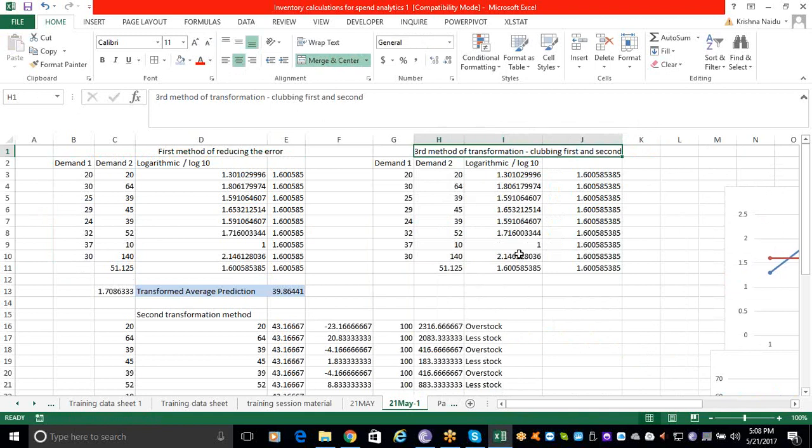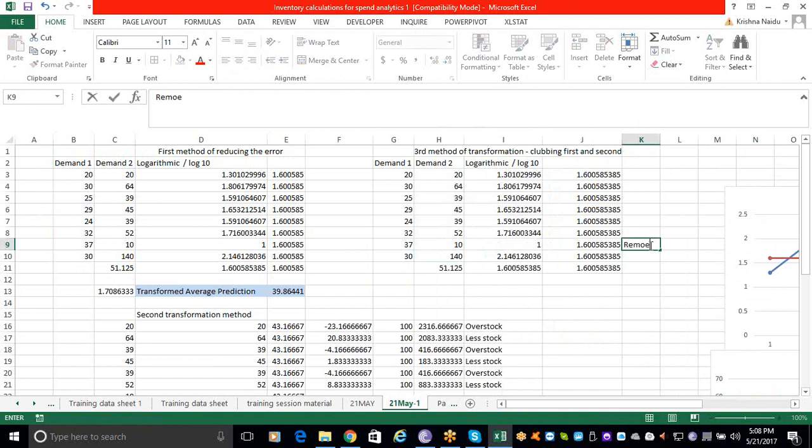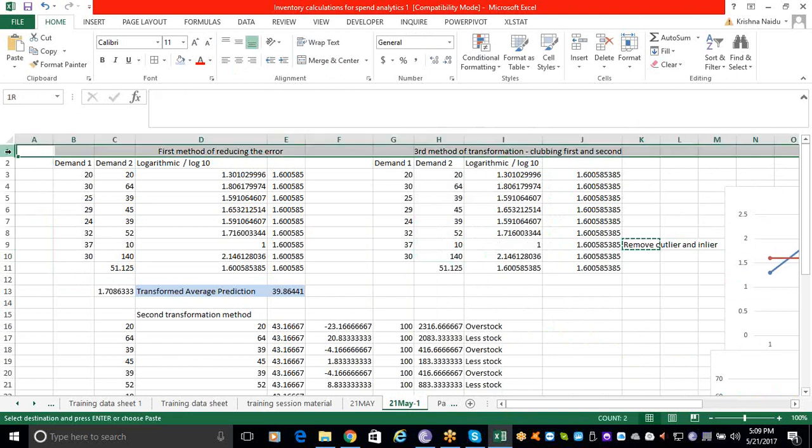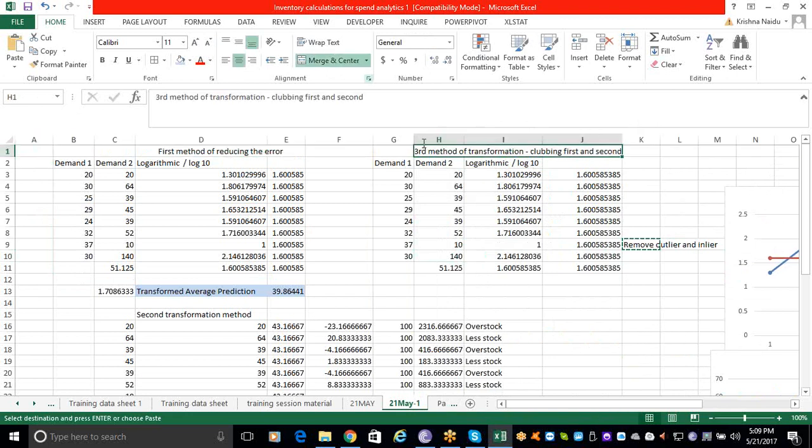So what I will do is I will remove 140 which is the outlier. Okay.